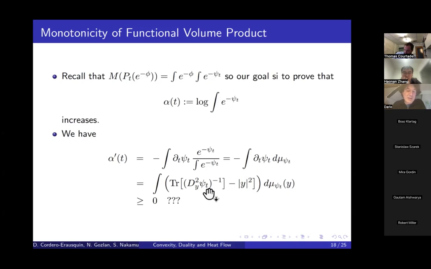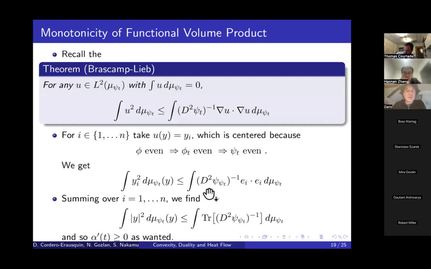So it's very tempting here to go back again to the Brascamp-Lieb inequality. Here I recall the Brascamp-Lieb inequality for my measure mu psi t, written in the case where u is centered.